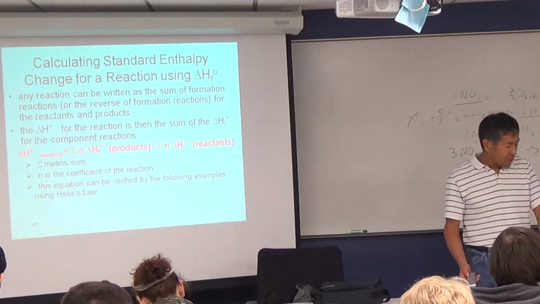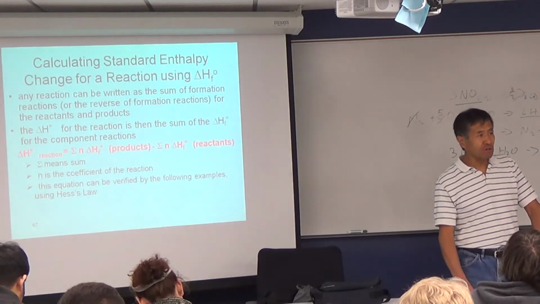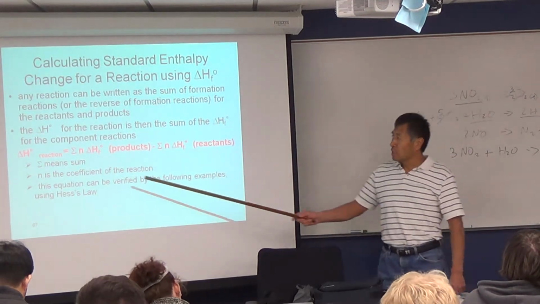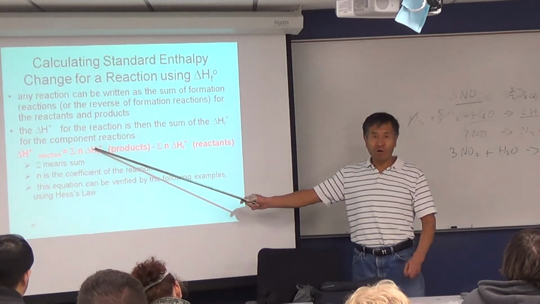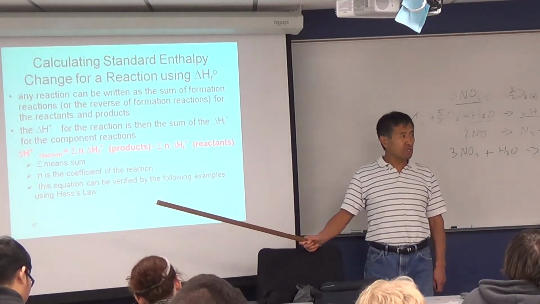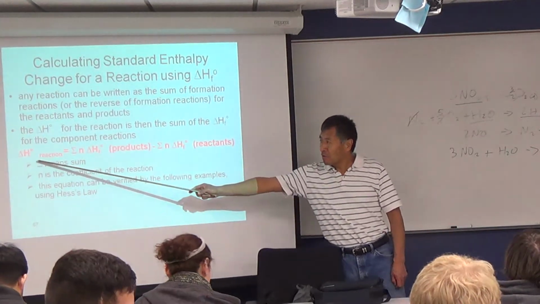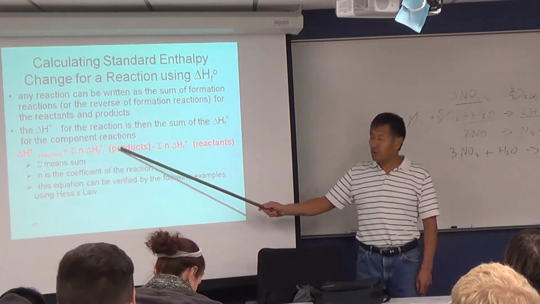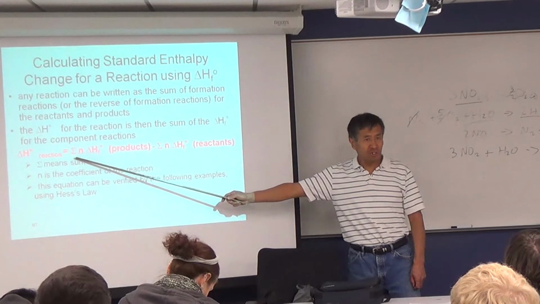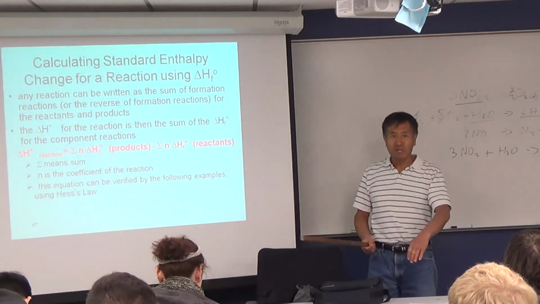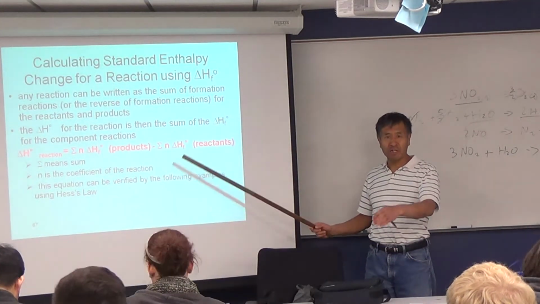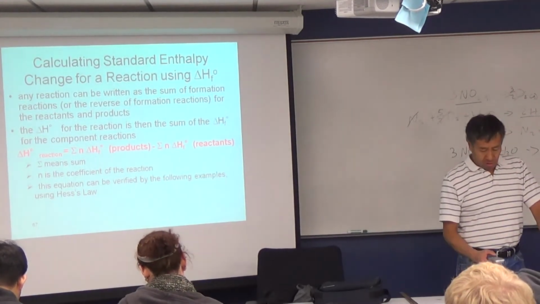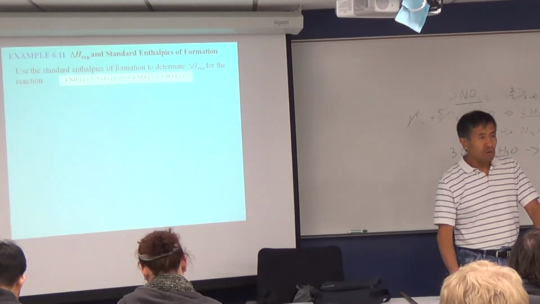So I will usually give you the data for the delta H, and I remember you already did some practice. If you have this number for all the chemicals you need, and you want to find the delta H reaction, you just take this number for the product, multiply by the coefficient, and put them together, then subtract all the numbers for the reactants, put together.